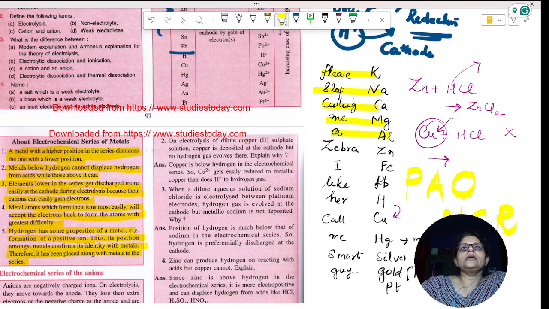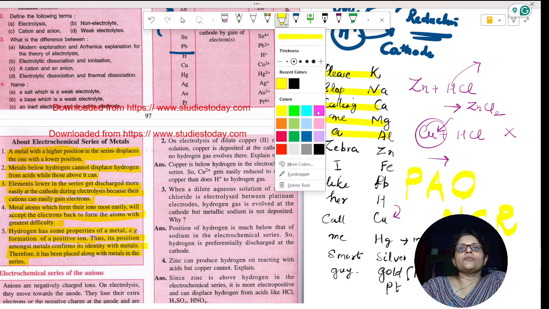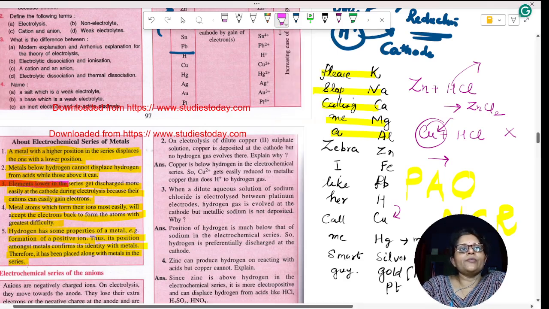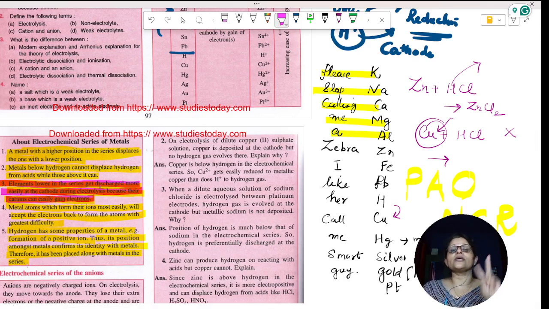So the only point that we need to know from this is the third point: if we have two or more cations in an electrolyte, then the elements that lie lower in the series will get discharged at the cathode by gaining electrons, because they are the cations which gain electrons easily.